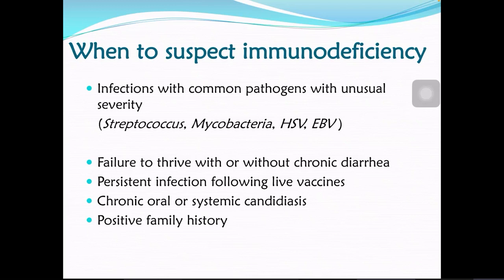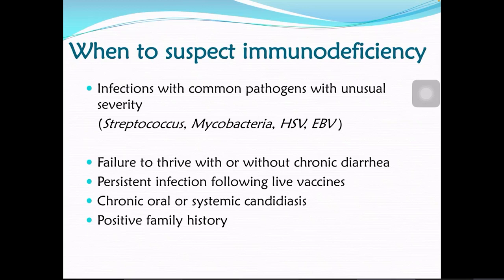They can also present with chronic oral or systemic candidiasis. And then, of course, because there is a genetic background to most of the primary immunodeficiencies, a positive family history is another indicator that a patient might be immunodeficient.